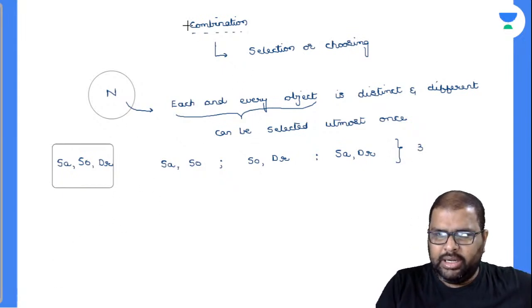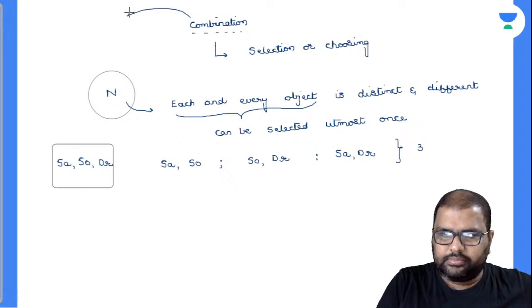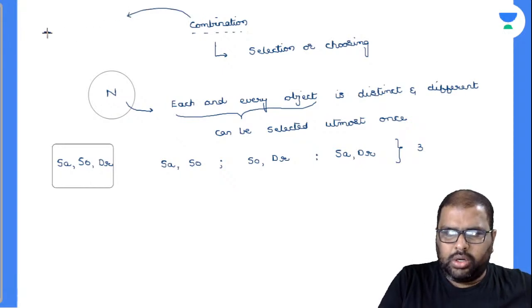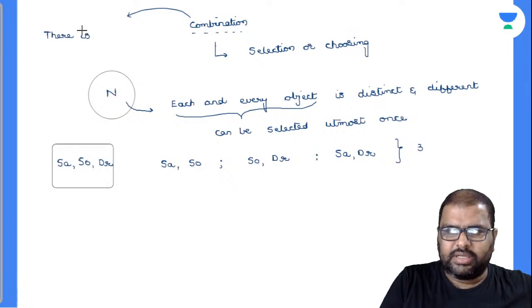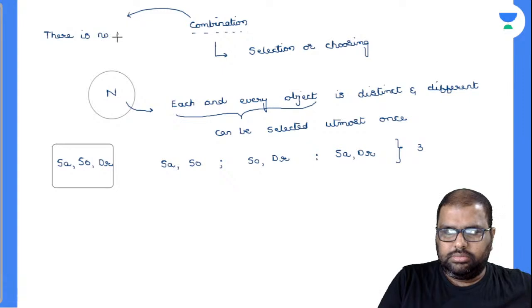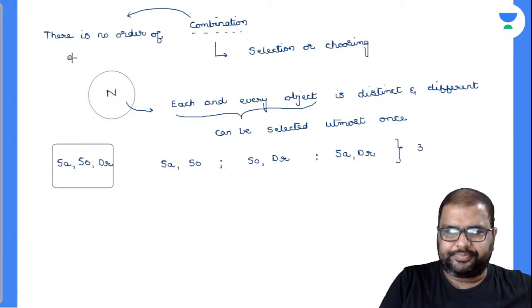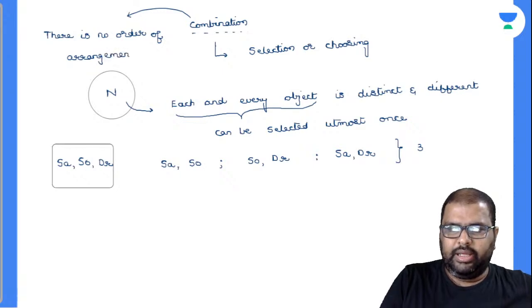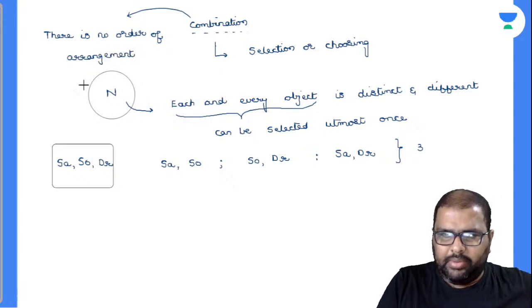Now, in combinations, there is no order of selection. Or otherwise, I'll write it like this, there is no order of arrangement. So finally, अब देखो मैंने क्या बोला, right? N objects.